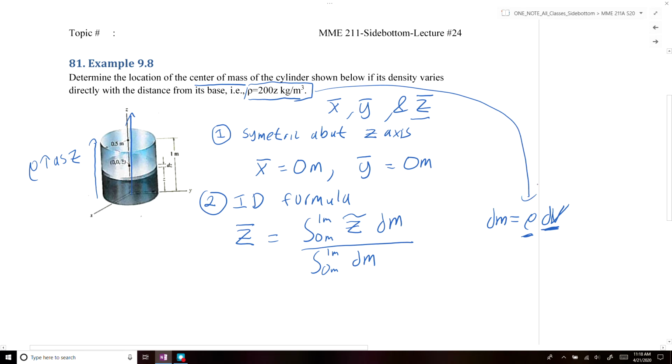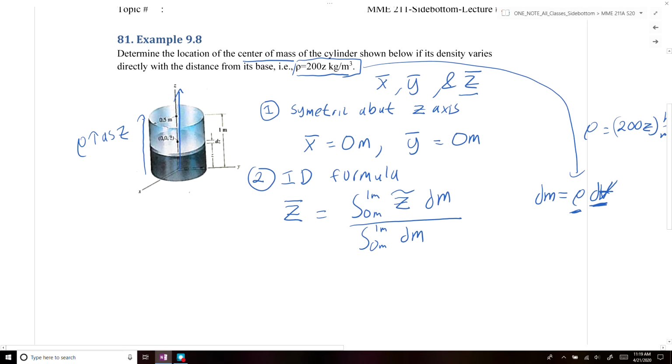We know that rho is equal to 200 z kilograms per meter cubed. So in order to figure out what dv is, we need to define our differential element.